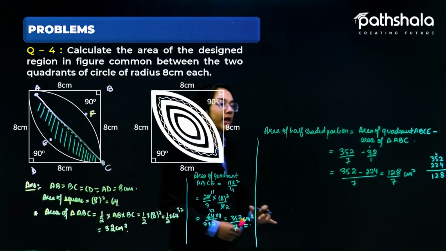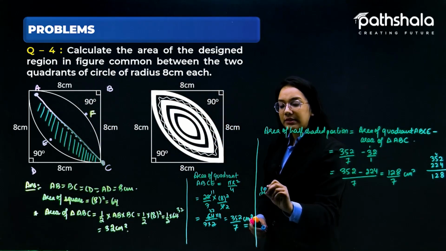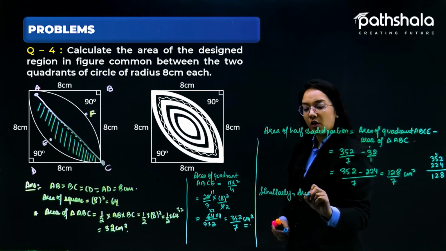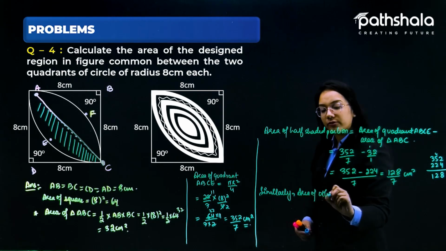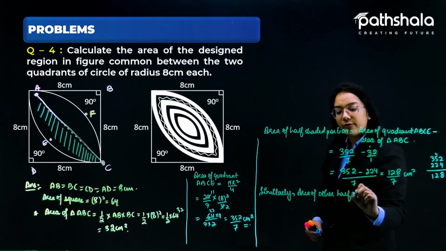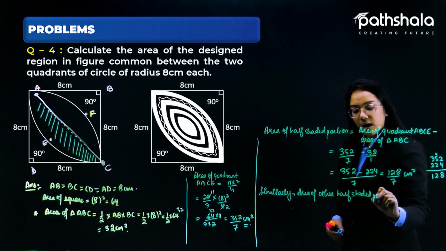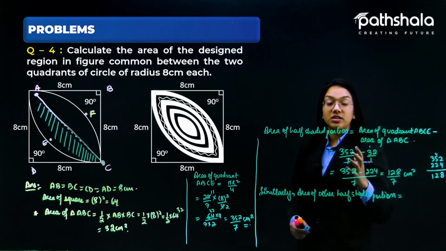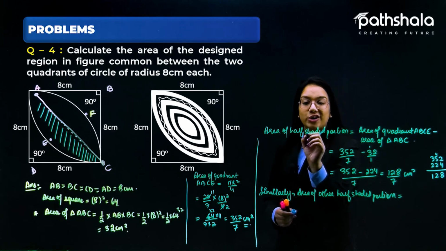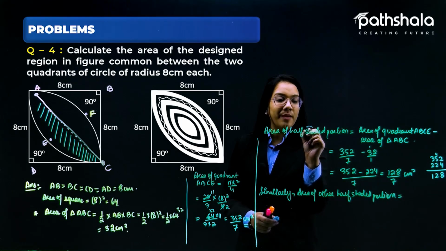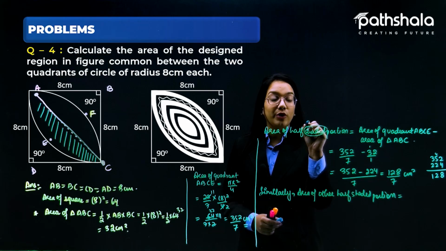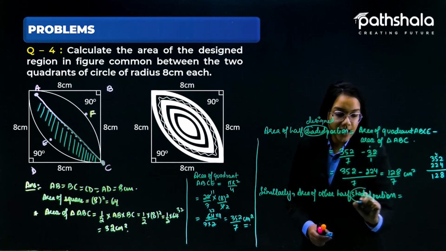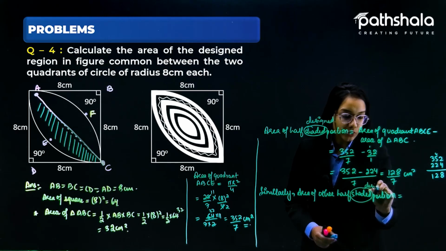So in a similar manner, we can find out the area of the other half shaded portion. This is a designed portion, we can say, or a shaded portion. Let us suppose instead of shaded, I'm talking about the designed portion. So this is again a designed portion to me.